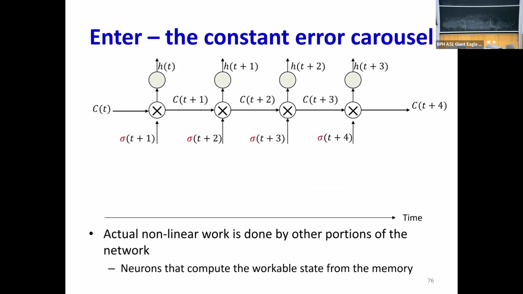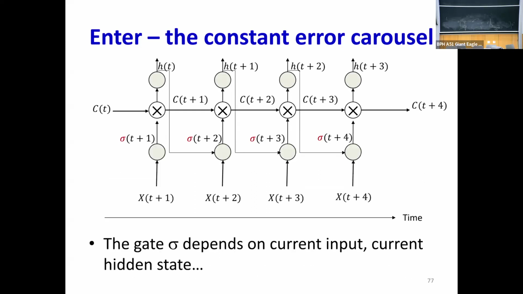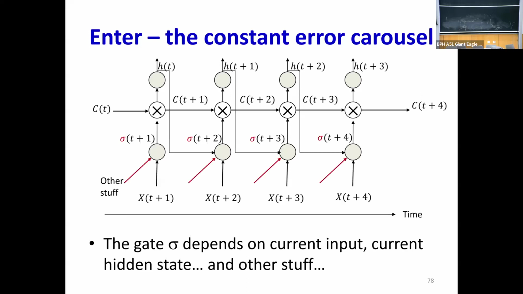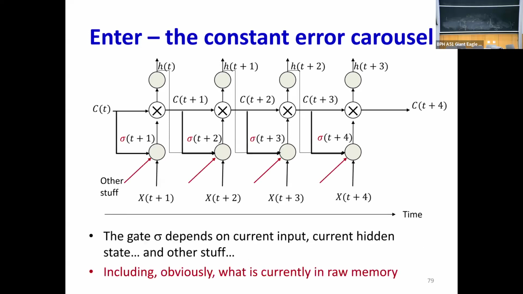But for neural networks to actually make sense, you want nonlinear transforms. So you're going to separate the memory from the nonlinear transform, and you would put what is in memory through a nonlinear transform before you actually begin operating on it, right? And so these gates are going to be looking at input, looking at whatever hidden state, other stuff, and maybe what's also in memory.